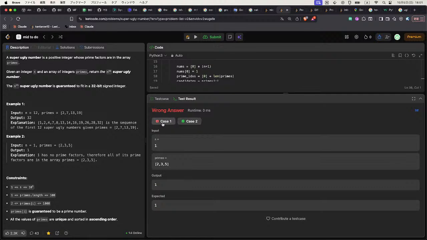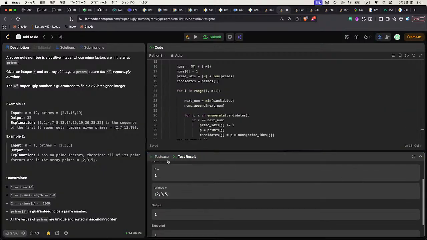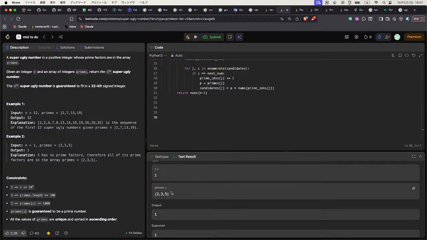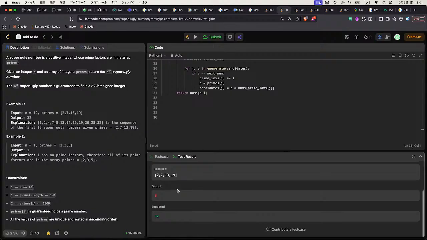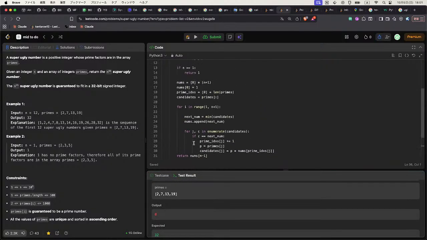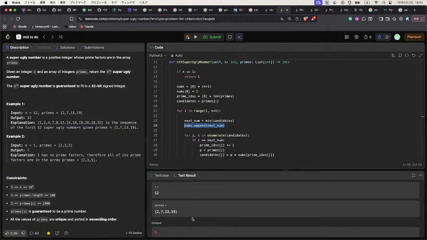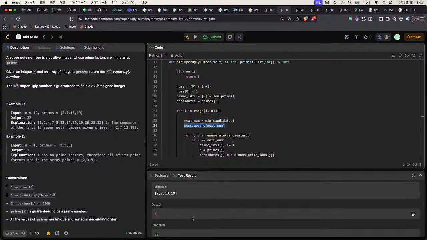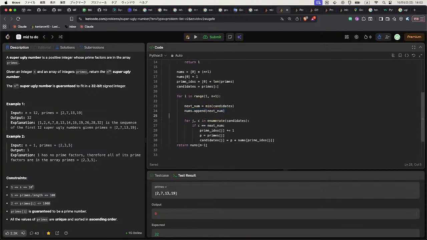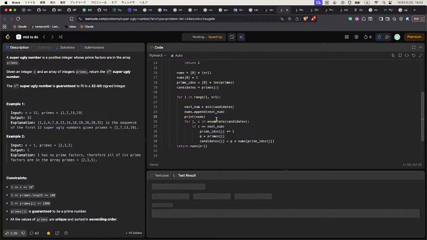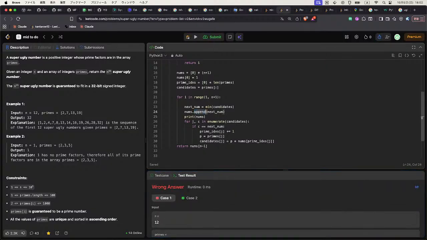Oh, really? We cannot. Why? Ah, I see. Not append. We have to specify the index i.